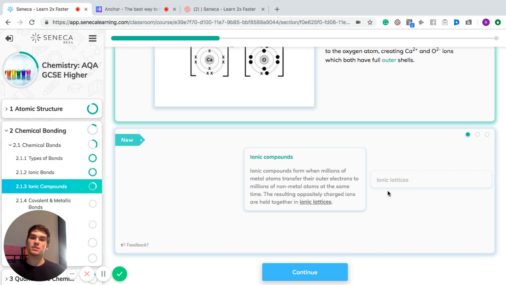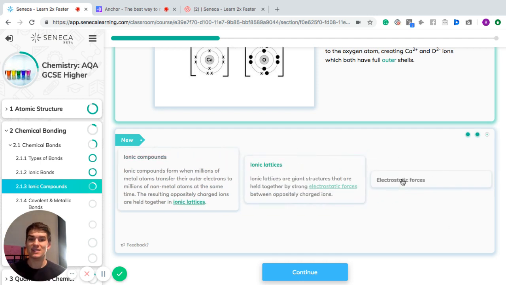What that results in is oppositely charged ions that are held together in what we call an ionic lattice. Now, an ionic lattice is what we call a giant structure, and they're held together by strong electrostatic forces between the oppositely charged ions.